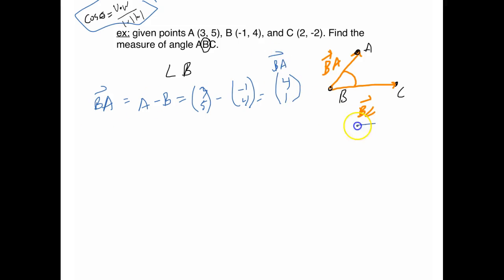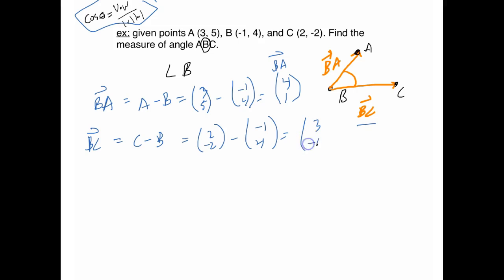Right, and then if I want to find vector BC, again, tip minus tail, so C minus B, which in this case would be (2, -2) minus B, which is (-1, 4). Again, 2 negatives make it positive, so 3, -2 minus 4 is -6. So that's BC. Now I have my two vectors.